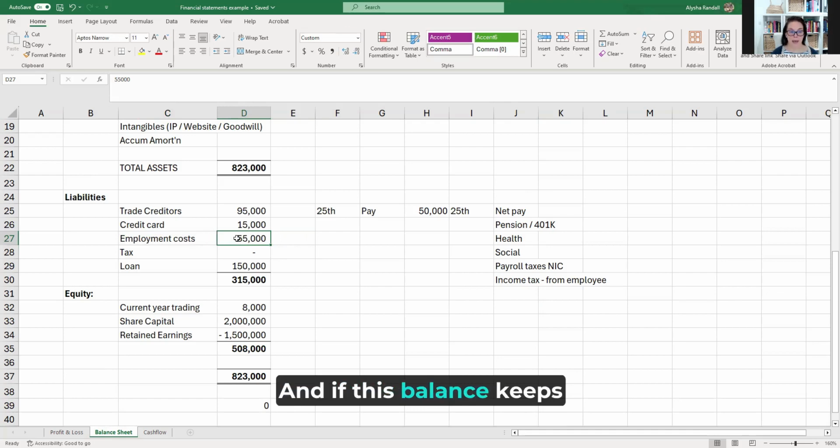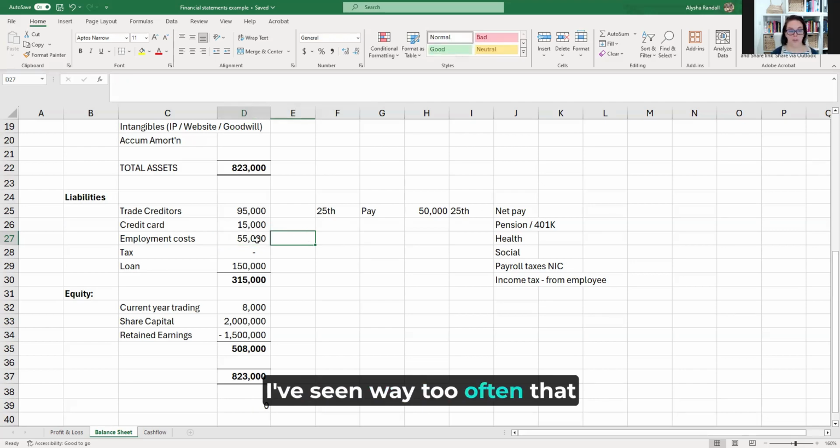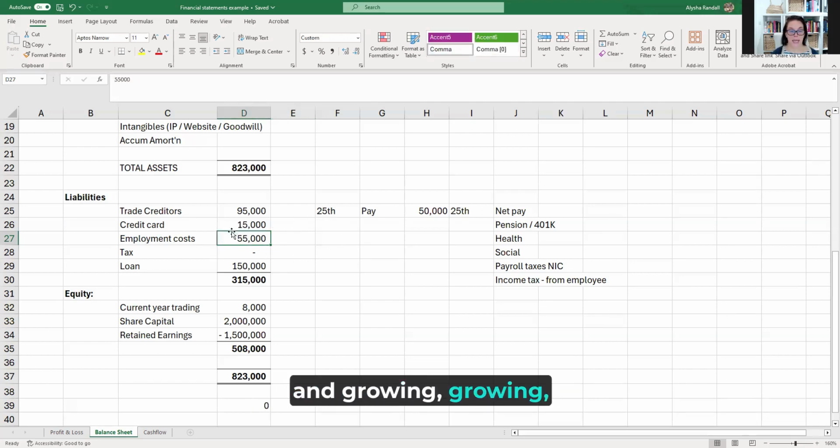And if this balance keeps growing and your employee numbers don't, and they haven't had a significant pay rise, then I would really question your finance team. They need to prove to you that this balance is only 1 month's worth. And if it isn't, there must be a reason. I've seen way too often that this just keeps growing and growing and growing, or it goes into the negative. And it's because the accountants haven't done their job properly. So this amount should be just 1 month's worth.